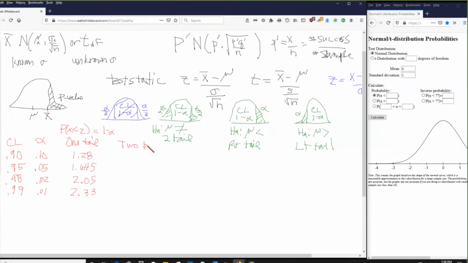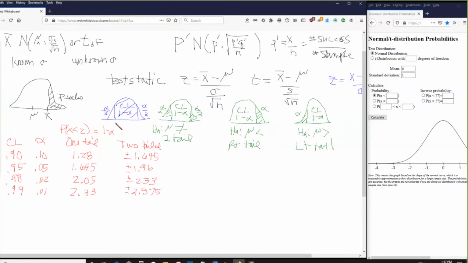If I have a two-tailed, then they're going to be similar to what we've done before. So if you remember, for a 90%, it's going to be plus or minus 1.645, plus or minus 1.96, plus or minus 2.33, plus or minus 2.575.